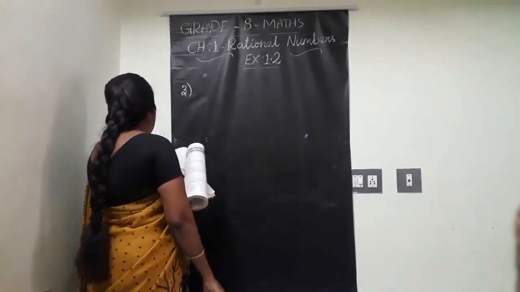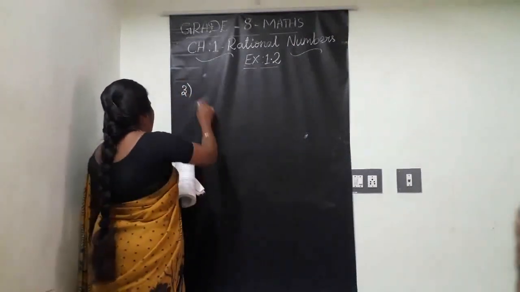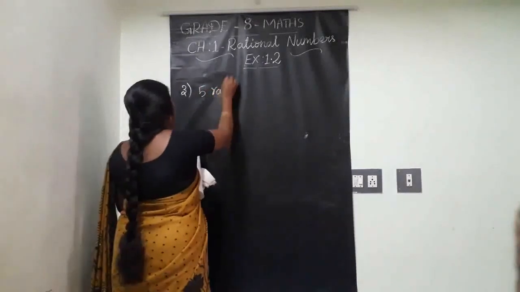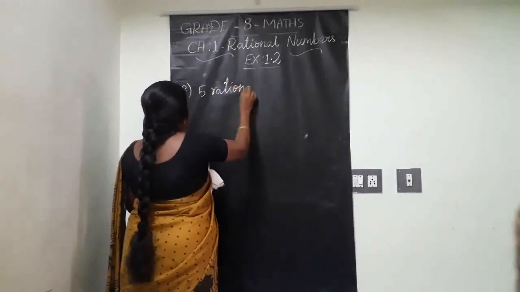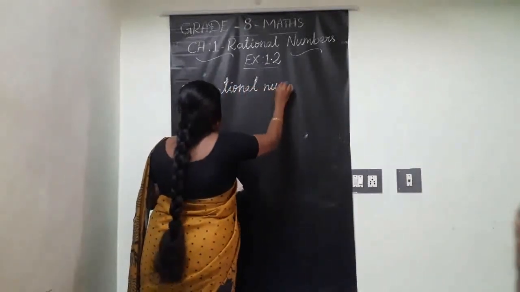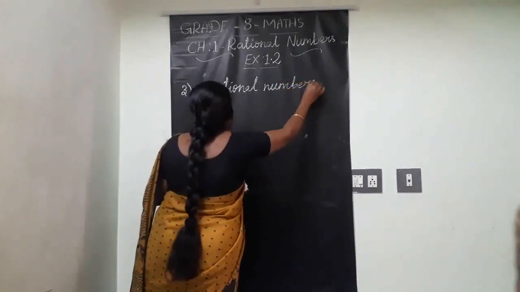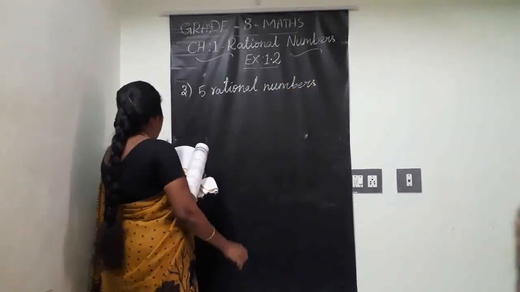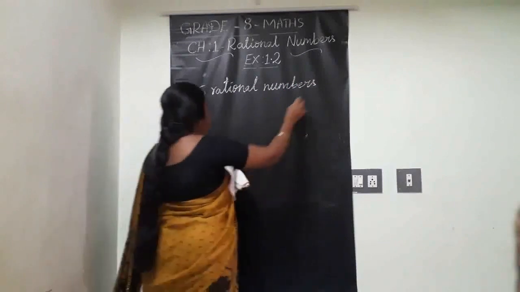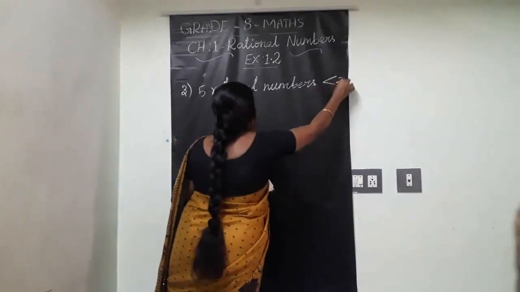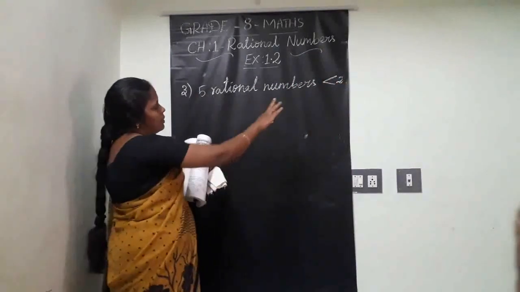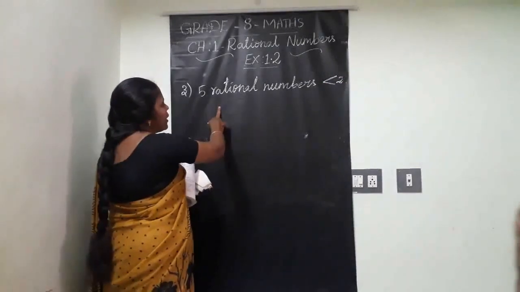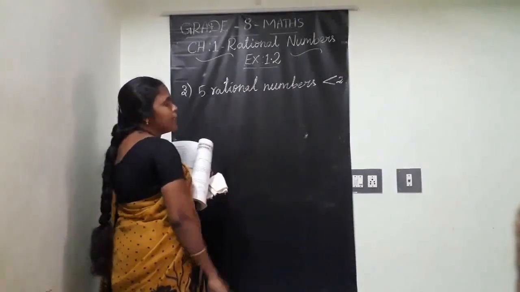Write 5 rational numbers which are smaller than 2. Clear? You have to select 5 rational numbers less than 2.